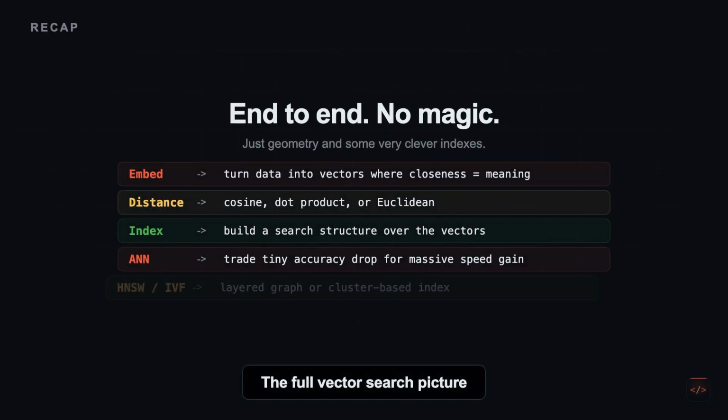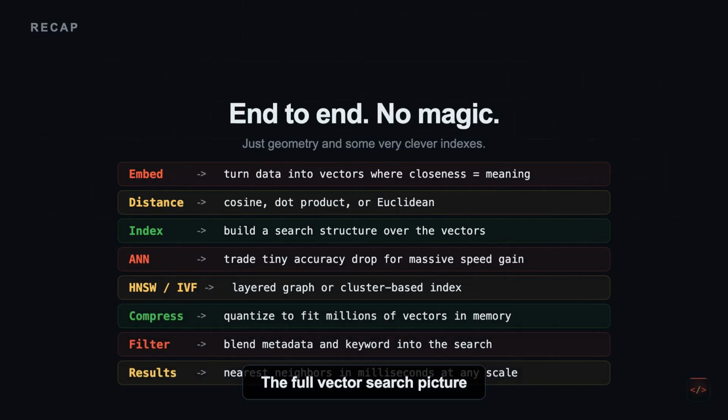So that is the engine behind semantic search. Embeddings turn your data into points whose closeness is meaning. You measure that closeness with cosine, dot product, or Euclidean distance. Brute force is accurate but scales linearly, so you switch to approximate nearest neighbor, trading a little accuracy for huge speed.